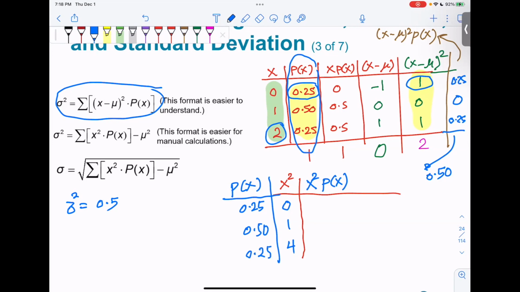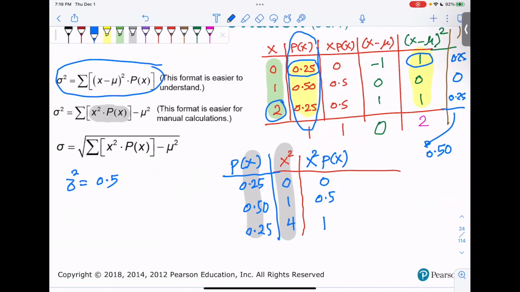So the first one, 0, right? So this times this, which is this part. The first one, 0. The second one, 0.5. And then the last one is 1. Okay? So now, let's go to this formula here.